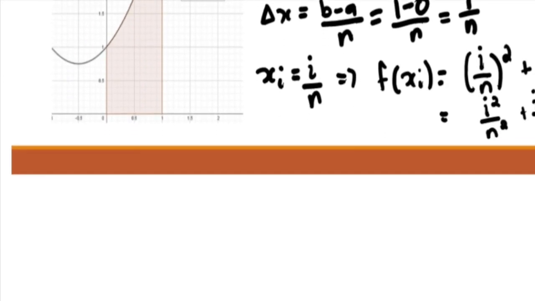So if we proceed, so again, that is the integral from 0 to 1 ng x squared plus x plus 1 dx.